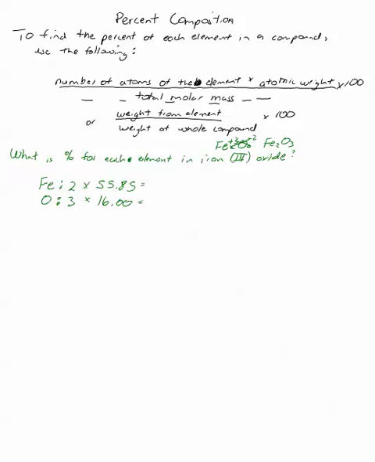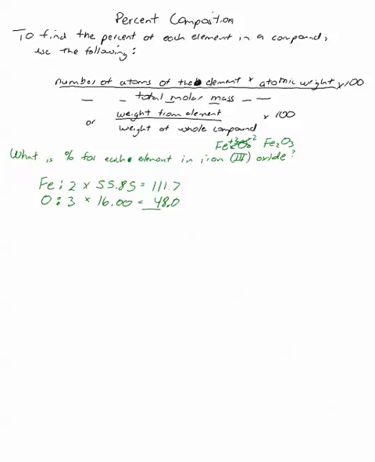So what we're going to do now is take the 2 times 55.85, and we get 111.7. And then we're going to take our 3 times our 16, which gives us 48.0. So that's the weight from our iron, and that's the weight from our oxygen.